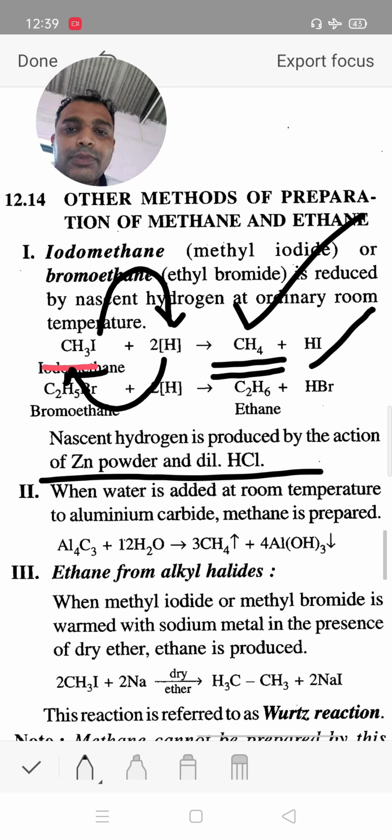This is the preparation of an alkane, here methane and ethane.